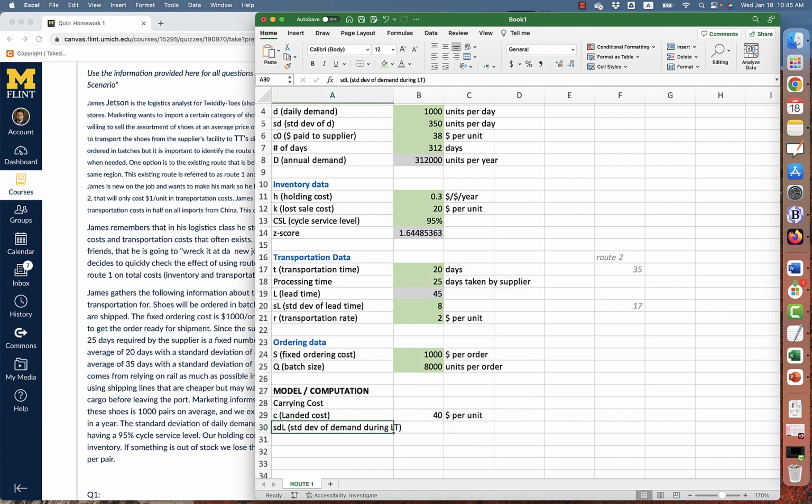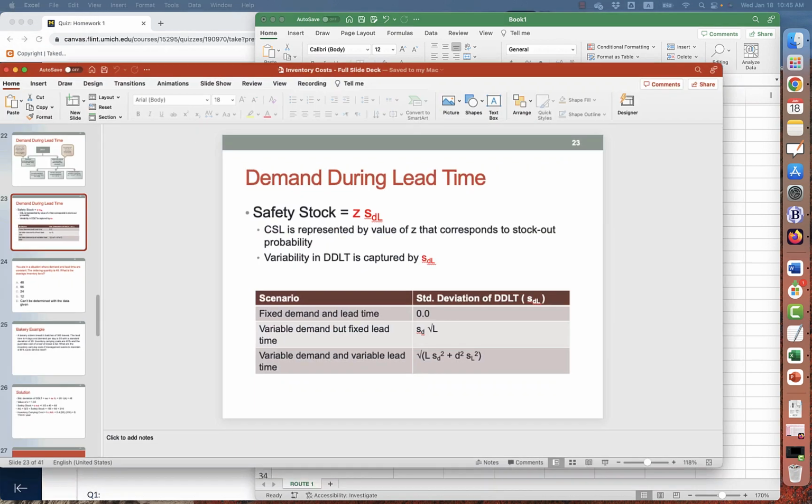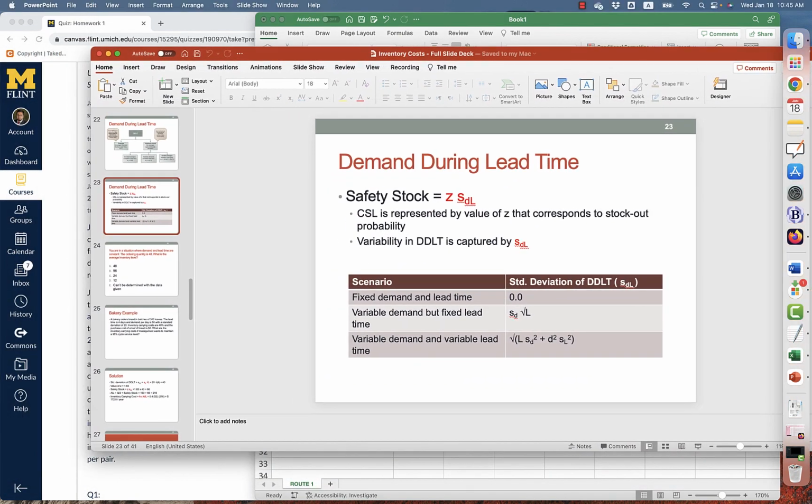Now to compute that, we have this table in the slides, depending on if demand and lead time are fixed or variable. If everything is fixed, there's no variability in the system, then there's no standard deviation of demand during lead time. If demand is variable but lead time is fixed, then you have the standard deviation of demand times square root of lead time.